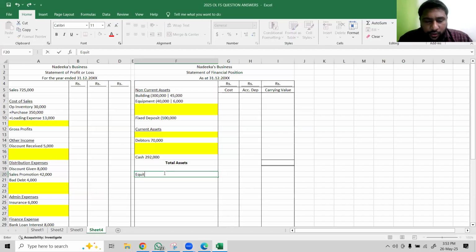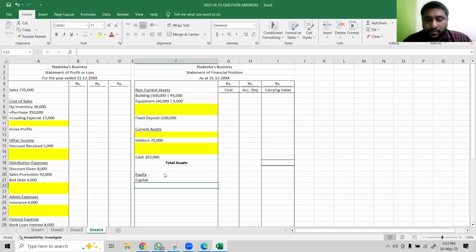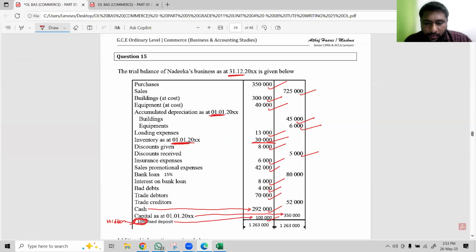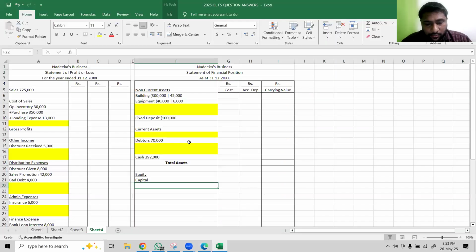Then we have the equity. Capital is there, $350,000. We'll leave 3 lines.